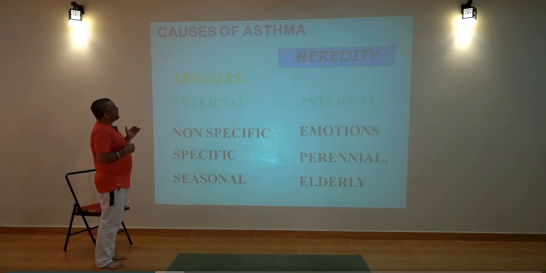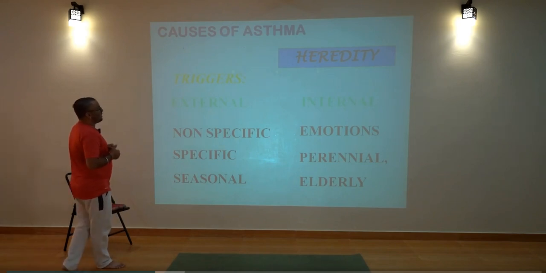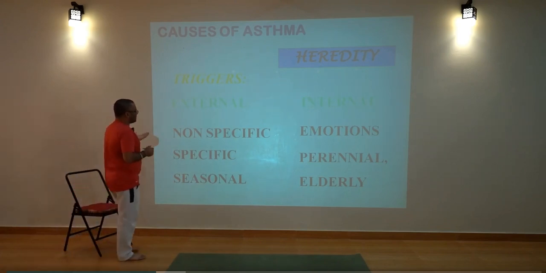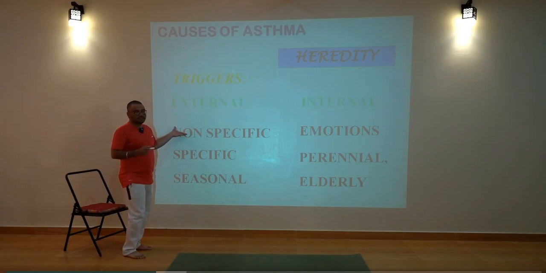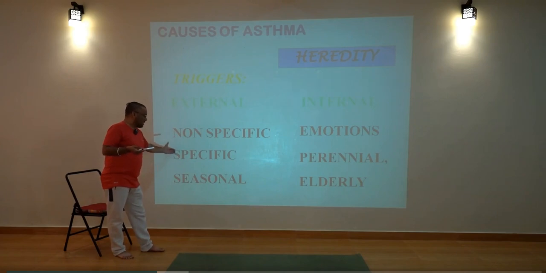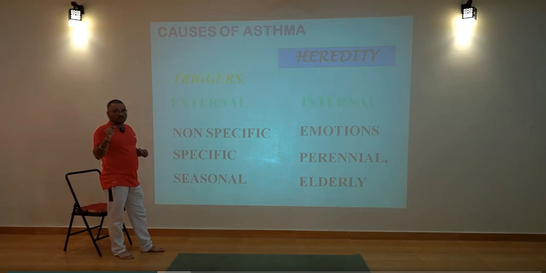the causes of asthma, what triggers it: external and internal. In the heredity, external, that is non-specific. Sometimes non-specific, any kind of thing can affect it. Sometimes specific, like some types of smells, some types of food like cold food, packed food, rice, right?